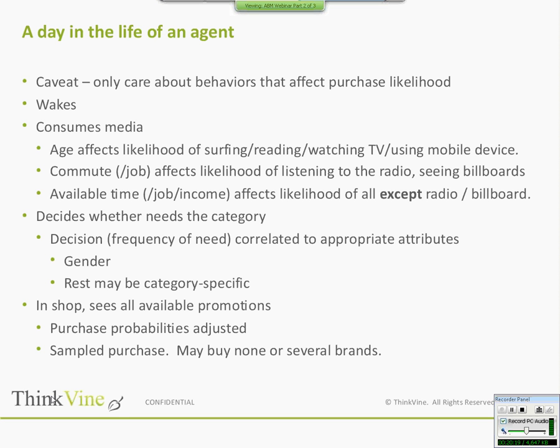And then their final purchase is adjusted by all these things going on. Then they may or may not buy one or none or several brands when they go to the store. And that's how these agents go through time. Every week they do these things, they consume media, they make purchase decisions, and they get changed by their history and all of those things.